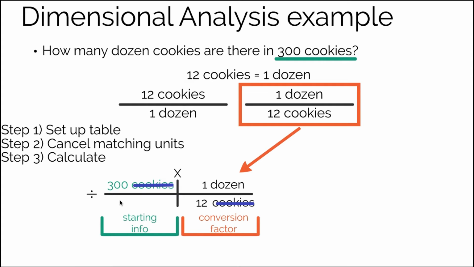So if you take everything that you have left over and ignore everything you've canceled and rewrite that, we get this new math operation where we have 300 times 1 dozen divided by 12. If you carry out this calculation, put into your calculator 300 times 1 divided by 12, it will give you the result of 25. And then the last unit we have left here is dozen.